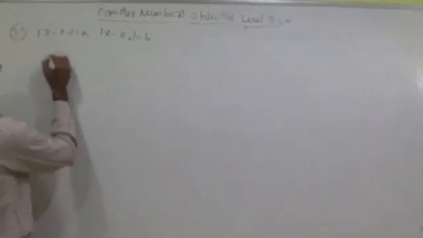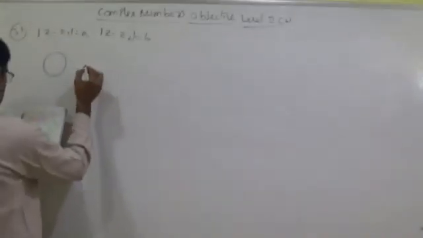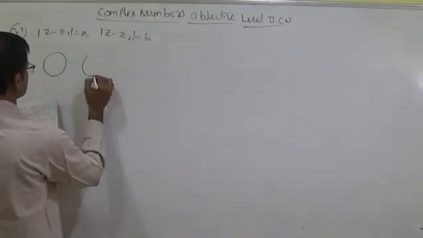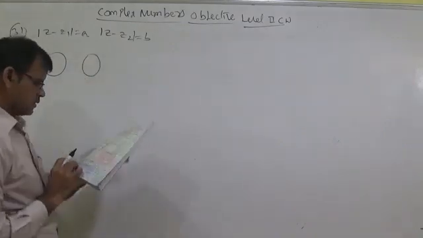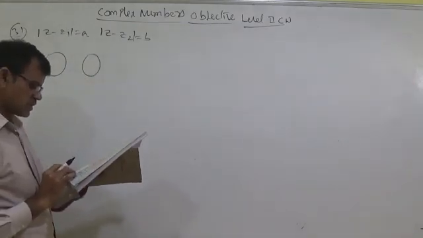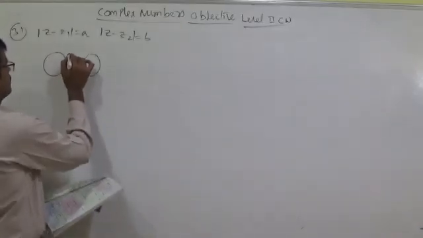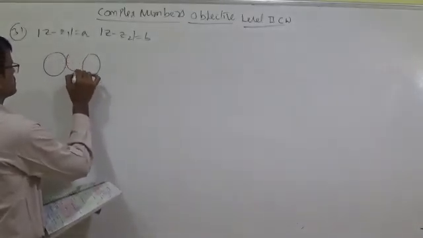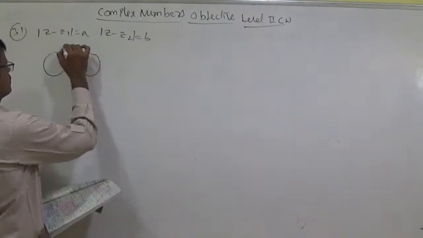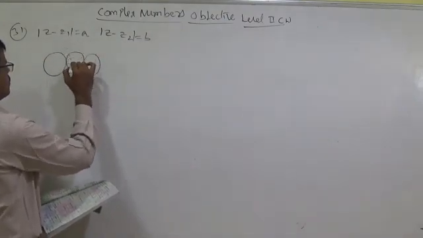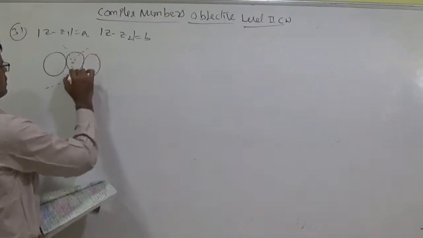These two circles are there. Locus of the center of a circle which touches these circles. Another circle is there, like this. So, this locus we need to calculate.